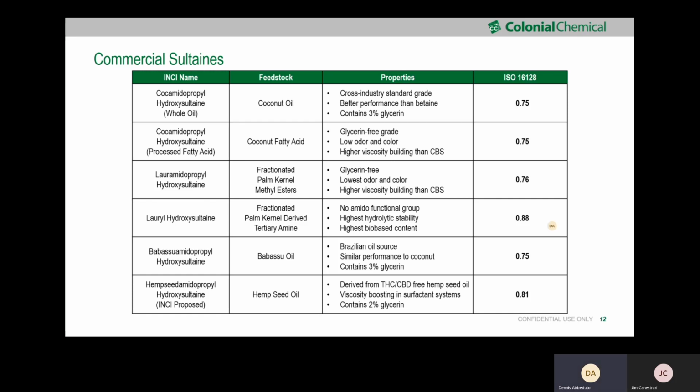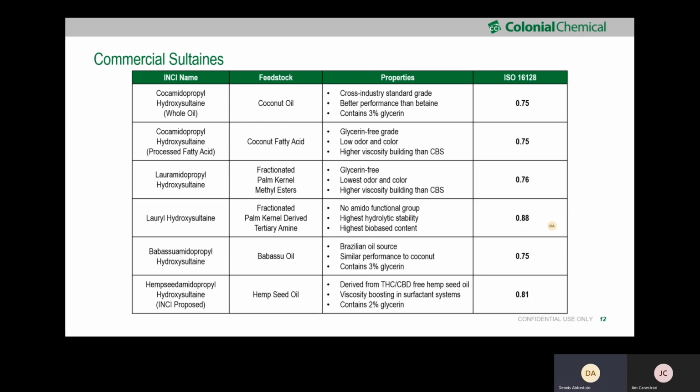Also available is lauramidopropyl hydroxysultaine. This is typically produced from fractionated palm kernel or coconut methyl esters. It's pretty rare that you can find methyl esters that are identity preserved to the coconuts, and so typically we're looking at something that contains some portion of palm kernel oil and can be, of course, produced with mass balance grade palm kernel oil if necessary.